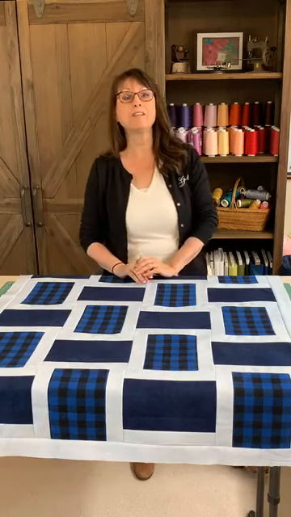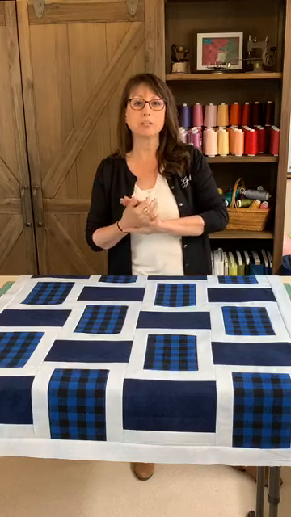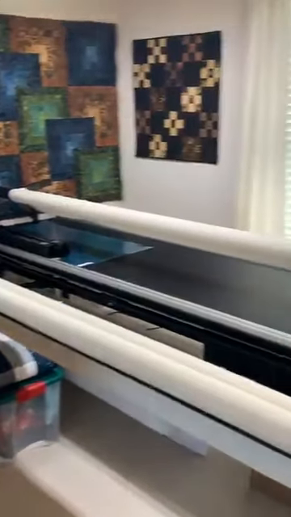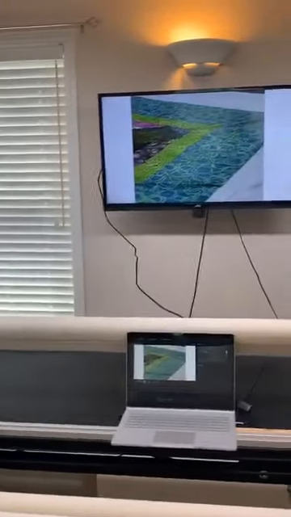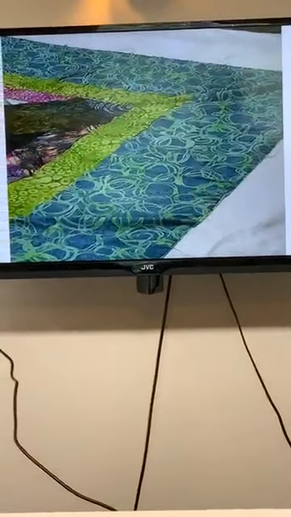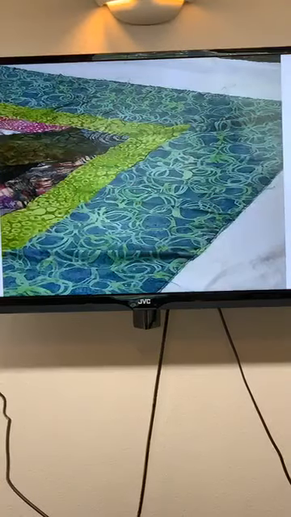In fact, I have a little picture show for you on my monitor. You've seen my monitor before. So let's move over there and look at a couple pictures, and we'll talk about what causes some borders to be wavy. In this picture, you can see that it is a mitered corner.